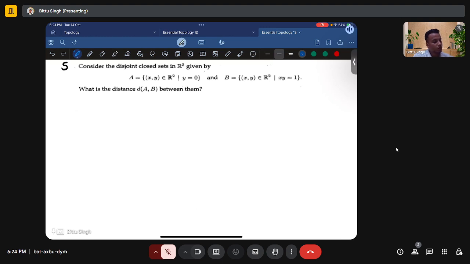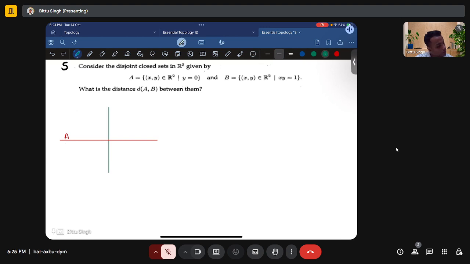We need to find the distance between those two topological spaces. Let us draw the picture. So one space is given by y equal to 0. Y equal to 0 means it is the x-axis. Now another space, this is our A, and another space is {(x, y) such that xy equal to 1}.